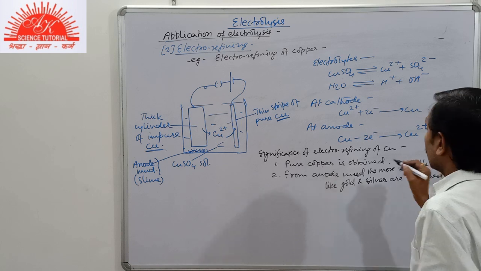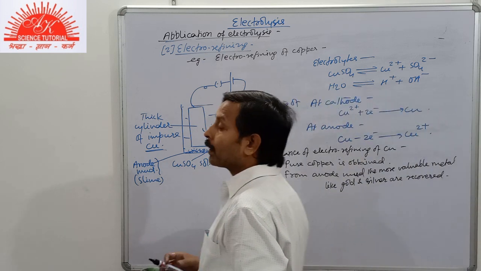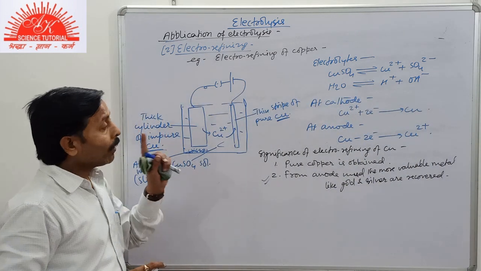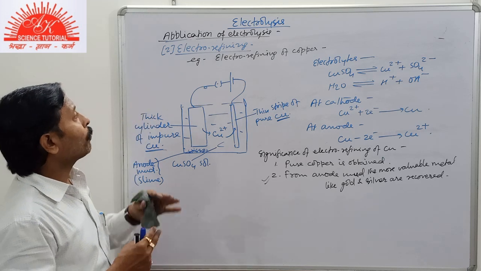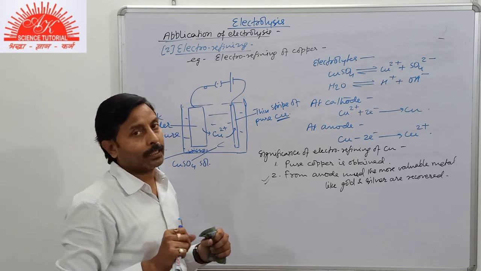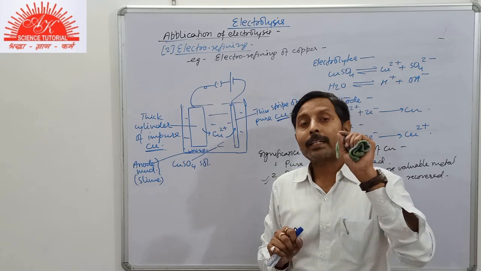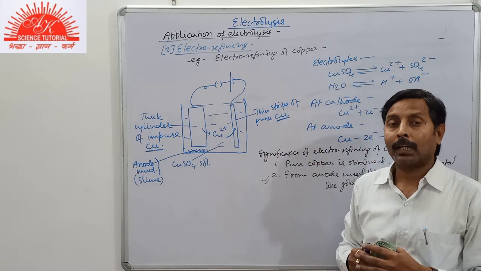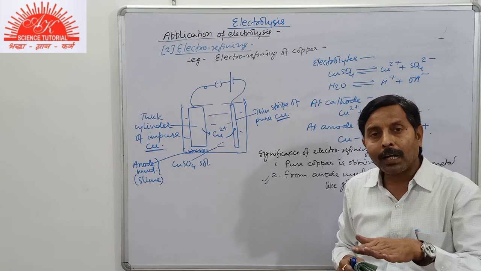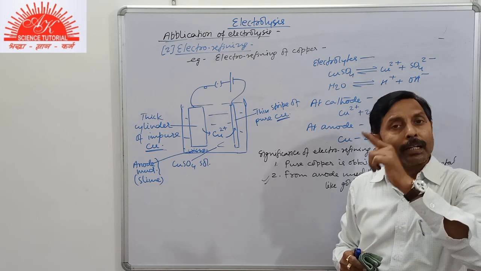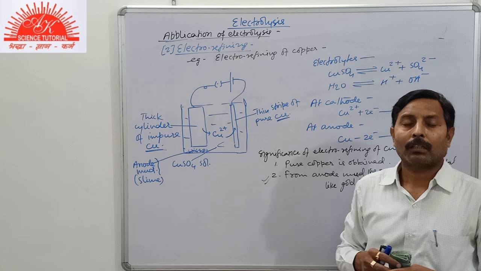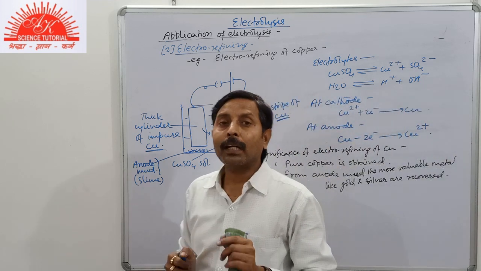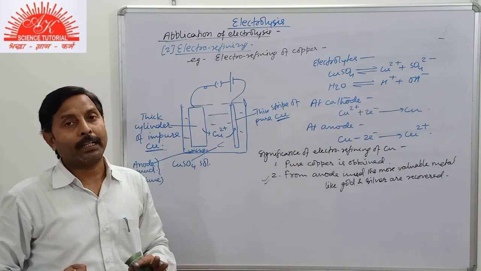So just you see that this is another importance of this method. One more thing, we have studied electroplating, electrorefining. Question is asked, write two applications of electrolysis in which anode decreases in mass and cathode increases in mass. Then it will be electroplating and electrorefining.